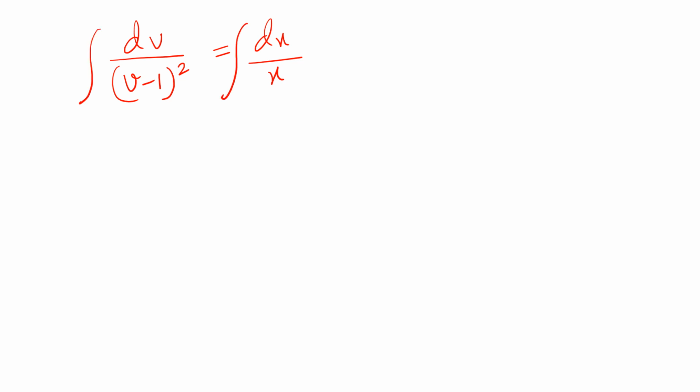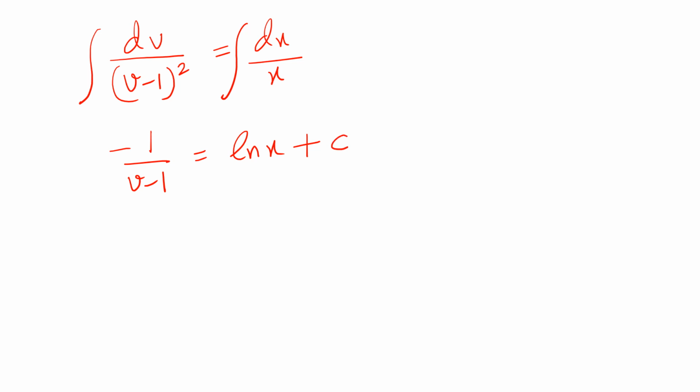Now students, this differential equation can be written as dv upon v minus 1 whole square equal to dx upon x. And now when we integrate both sides of this differential equation, we get minus 1 upon v minus 1 equal to ln x plus c.